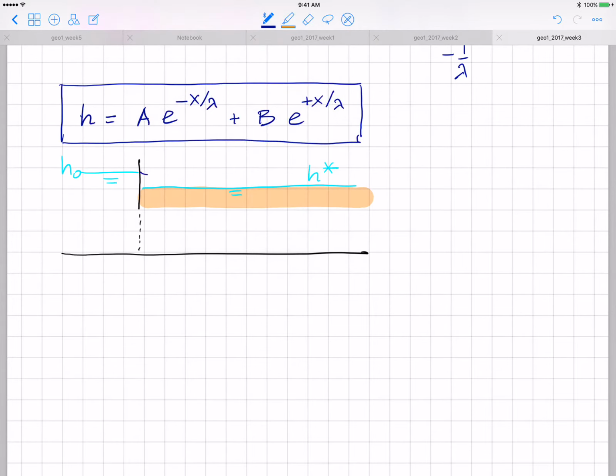Then if we go farther into the polder and figure out what the head is, the head will slowly decrease to H star. And if you're far away from the canal, then the water level in the aquifer will be the same as the water level above the leaky layer and equal to H star.